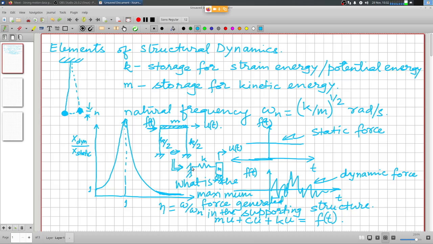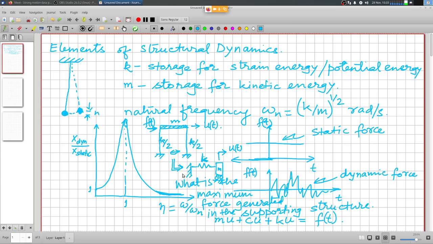Now obviously the maximum force generated in the supporting structure is the force in the spring, if you look at it, right? And the spring constant is constant, it is K, we know this constant. So obviously the maximum force would depend on what is the maximum deformation in the spring.